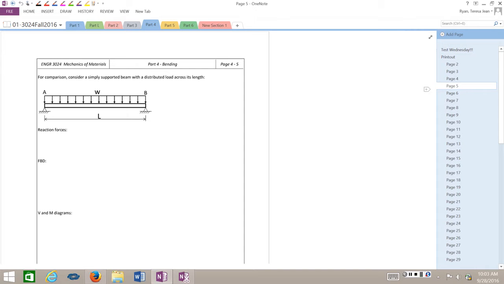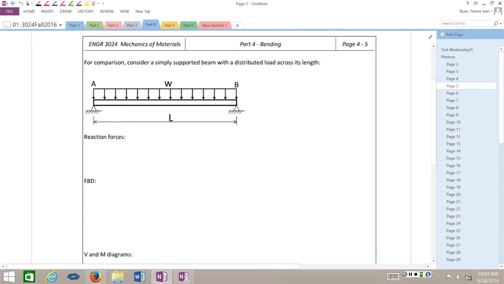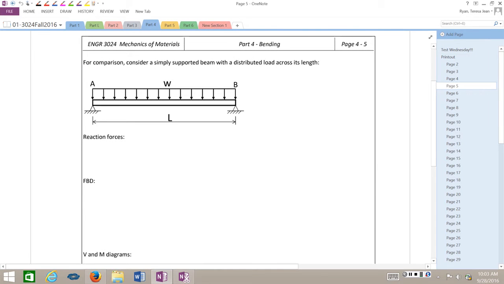Here we go, page 5. We are going to look at a slightly more complicated case where we have a distributed load over a beam of length L. Now I told you that that W is going to wrinkle some of you. W is a weight per length. It's the amount of stuff per length.